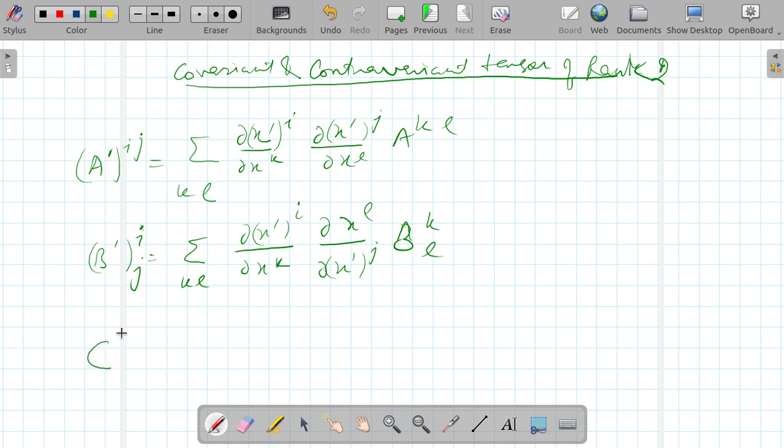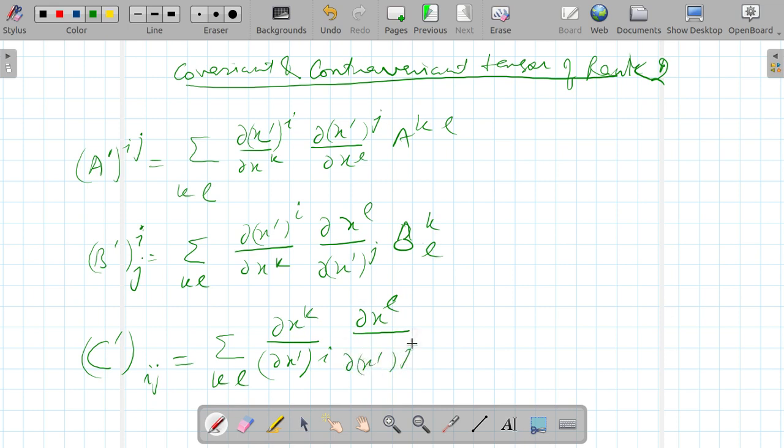There is another possibility: C prime ij equals the sum over k and l of partial xk over partial x prime i times partial xl over partial x prime j times Ckl.